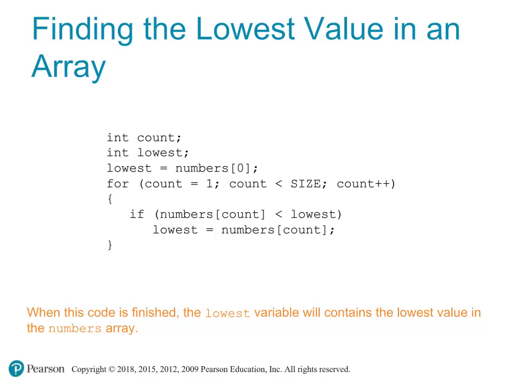Inside the loop, an if statement checks whether the current array element, numbers subscript count, is less than lowest. So if the current element is less than lowest, we update lowest with this new minimum value. So by the time the loop concludes, lowest will contain the minimum value present in the numbers array.